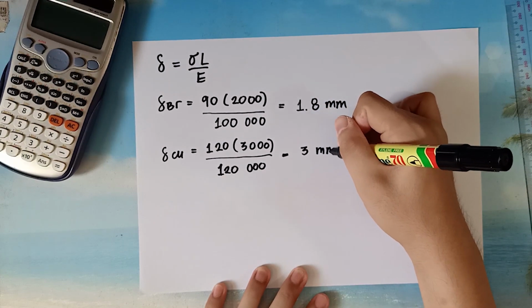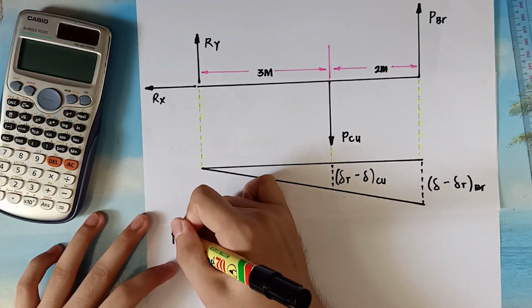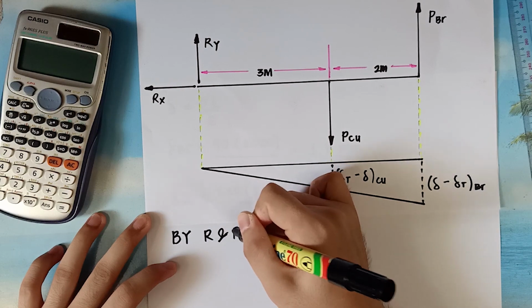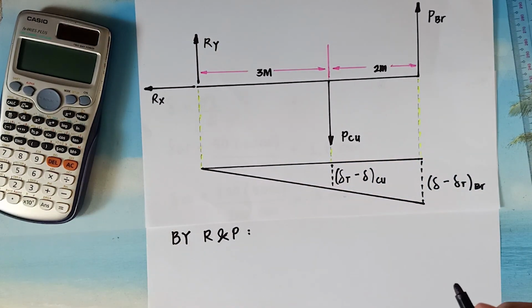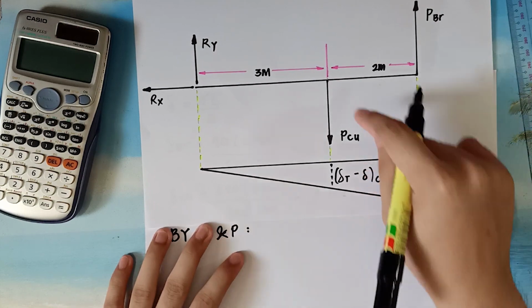We are going to solve for the change in temperature by using ratio and proportion. The total strain in the copper rod and the total strain in the brass rod are proportional to each other because they deform as one.